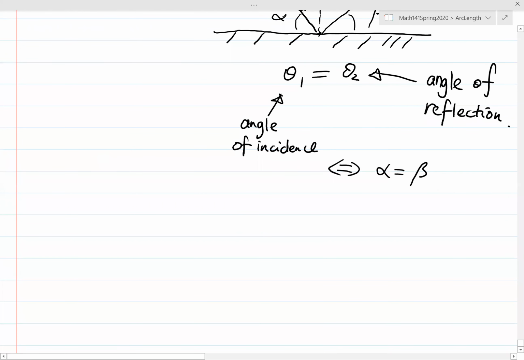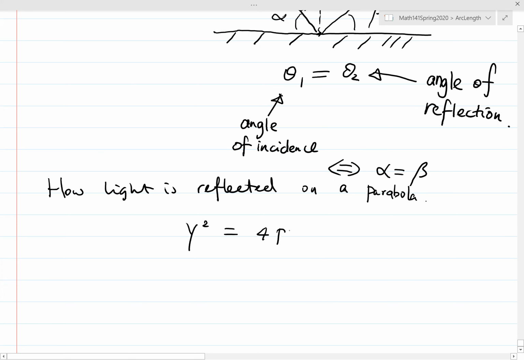Now let's study how light is reflected on a parabola. Suppose we are given the equation y squared is 4px, where p is positive.